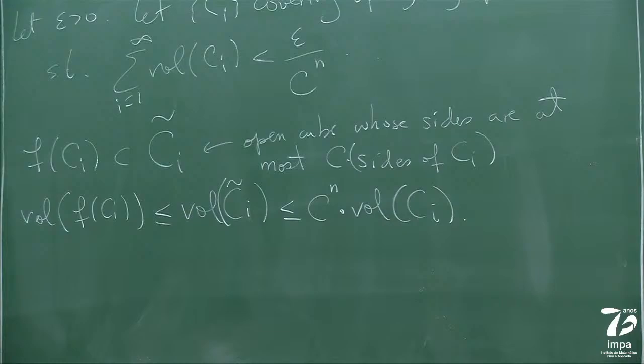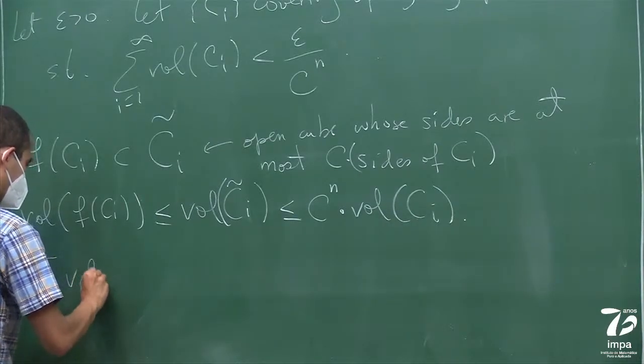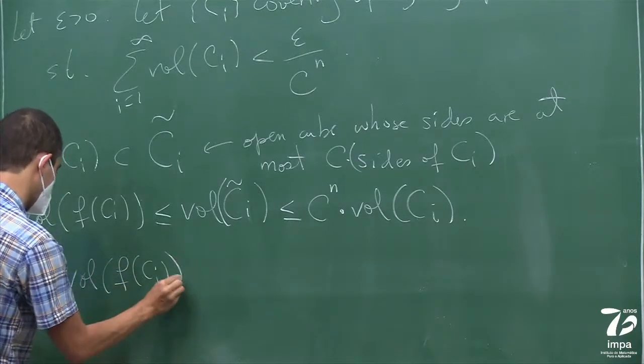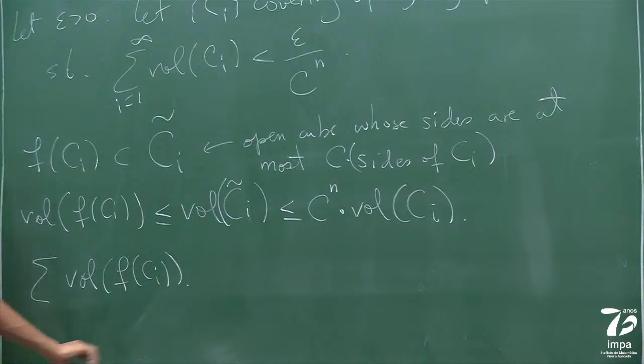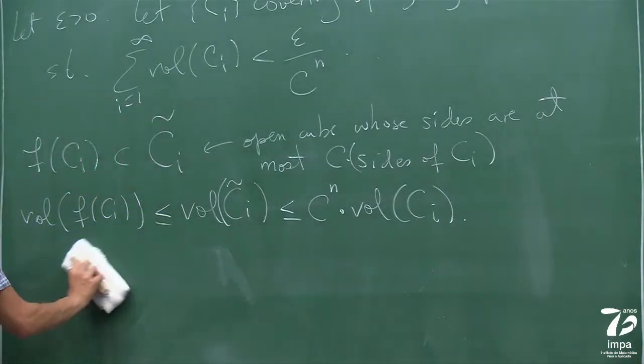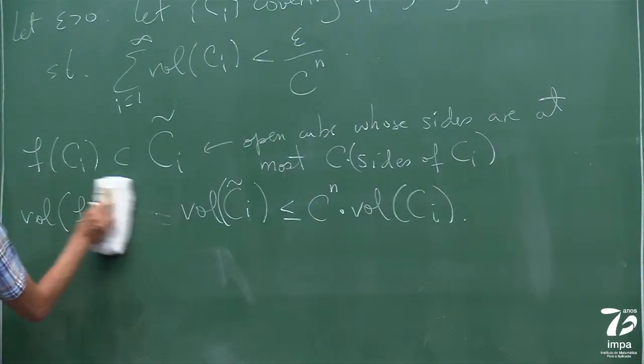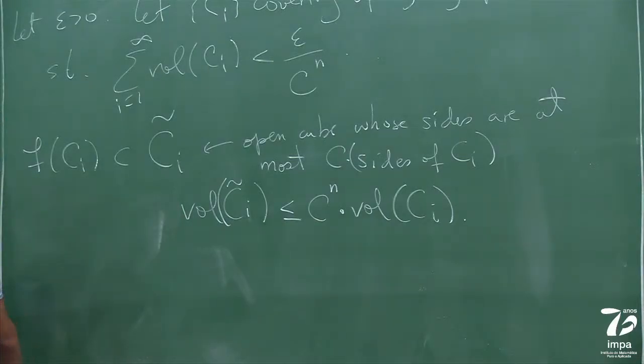And now we just put it together. So now the sum of the volumes of f of ci. Actually, all you want really, this part here doesn't matter. All you want is this.